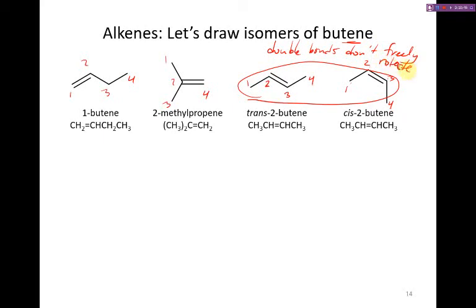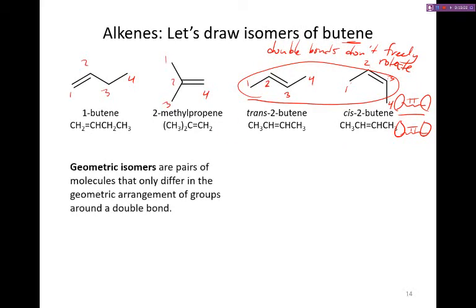We talked about how that's because in order to form a double bond, you need a pi system, and they overlap above and below, and so if you rotate, then you break the bond. So this gives rise to what we call geometric isomers. Geometric isomers are pairs of molecules that only differ in the geometric arrangement of the groups around the double bond. In other words, it's what we saw just here.